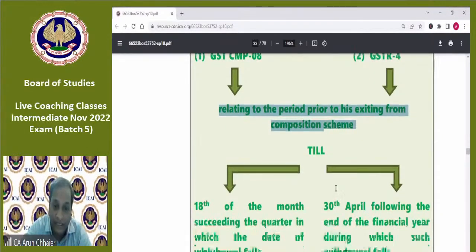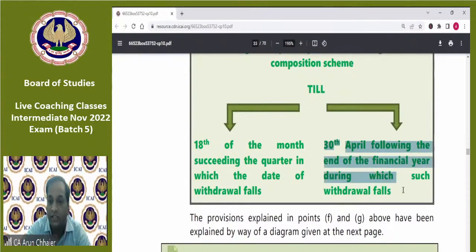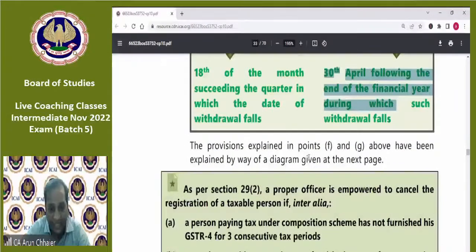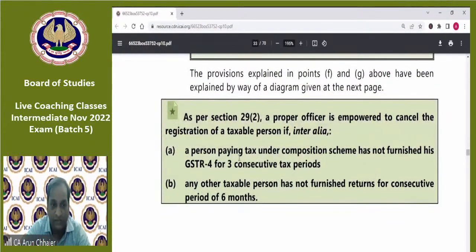Now, CMP 08 is due till 18th of the month succeeding the quarter in which the date of withdrawal falls, and GSTR 4 by 30th April following the end of the financial year in which such withdrawal comes. The provisions explained in points F and G above have been explained by way of a diagram on the next page.